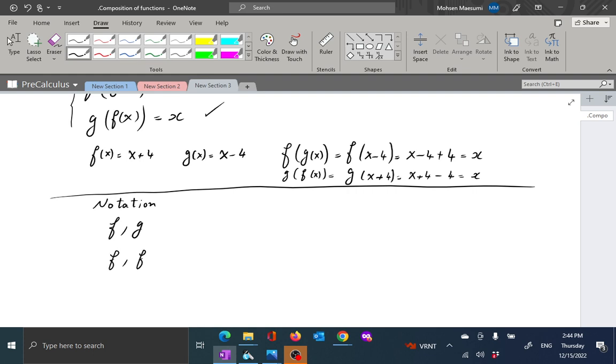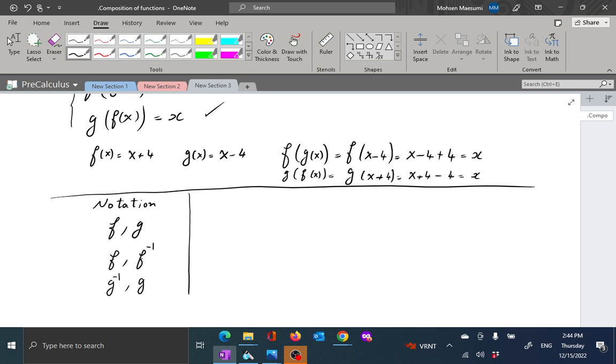The notation there is to use a -1 on top of the name of the original one to get the name of its inverse. So if F is your original, then F inverse will be the inverse of that. If G is your main function, then the inverse of that is going to be called G inverse.